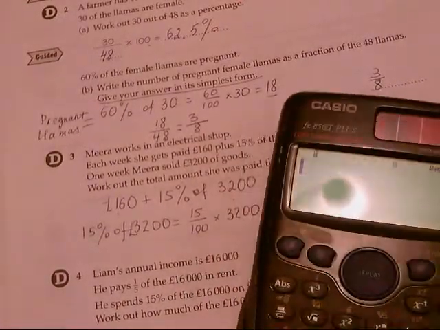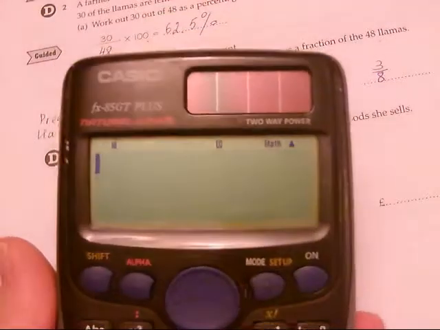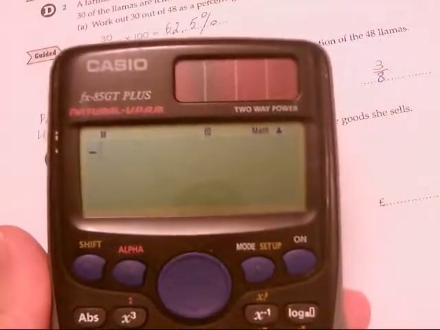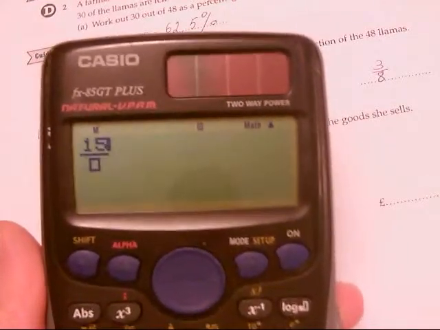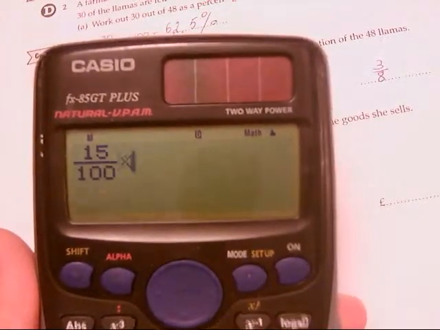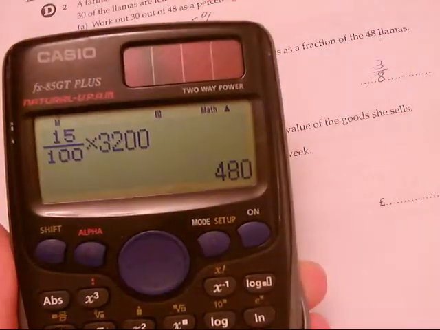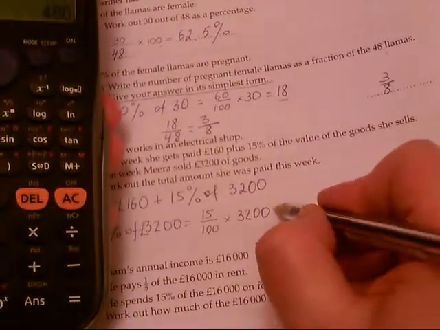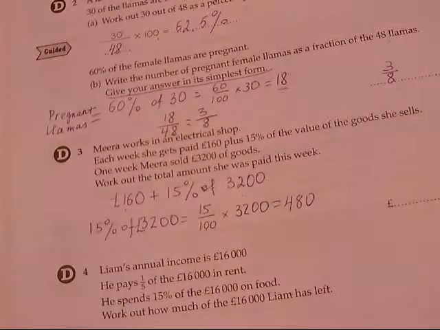So what we have is 15 over 100 times 3,200 equals 480. I'm getting 480 pounds. That's what she gets for what she sold.